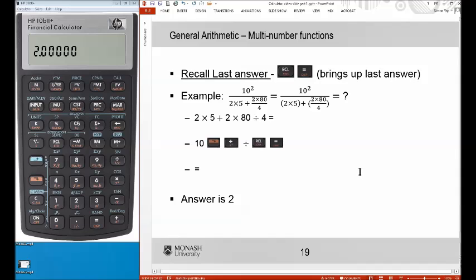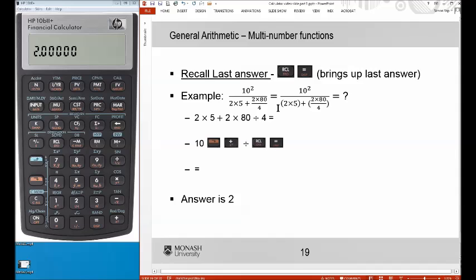Now, let's try solving the functions using the last answer, the RCL function, and the equal buttons, which have the function of bringing up the last calculation or the last answer. Applying the same example again, as I mentioned before, we can perform the denominator in one go because the calculator is set to be in algebraic mode.